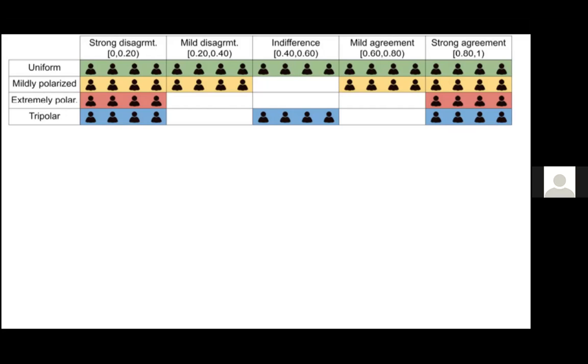Indifference, like you don't care, is between 0.4 and 0.6. Mild agreement is between 0.6 and 0.8, and then strong agreement. So you have extreme polarization, for example, when you have a group in strong disagreement and a group in strong agreement, like it is the case with the peace process with the FARC. And you can also have tripolar, so you have strong disagreement, strong agreement, and indifference.